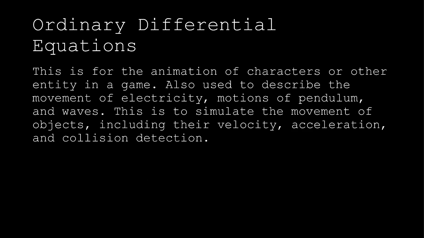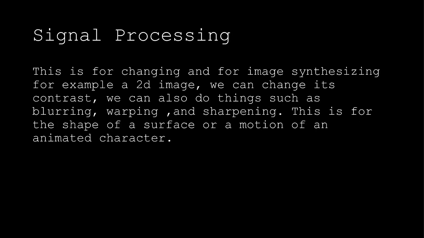Ordinary differential equations are for animating characters or other entities in a game. Also used to describe the movement of electricity, motion, pendulums, and waves. This is to simulate movement of objects, including their velocity, acceleration, and collision detection. This is like for physics and stuff. Signal processing.